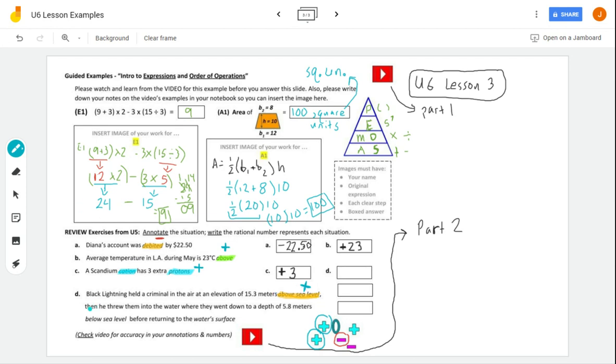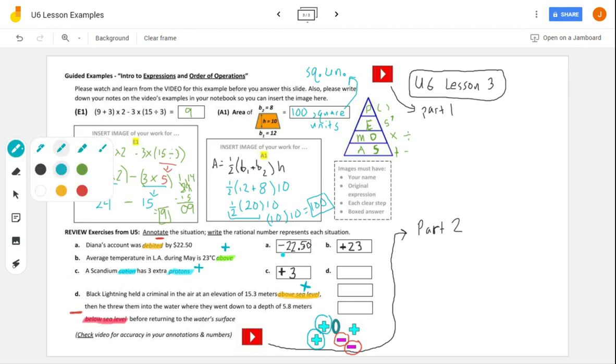All right, next. Then he threw them into the water, where they went down to a depth of 5.8 meters below sea level. All right, so then you can use pink or blue or green, something that doesn't cover it like I did, which makes it not as obvious what it is. And then we want this symbol, bring it on over here.